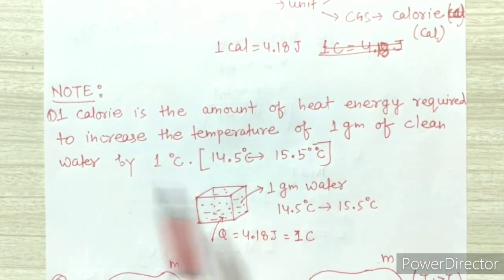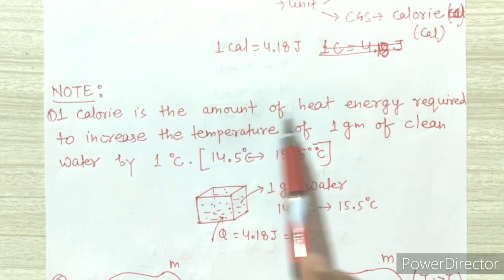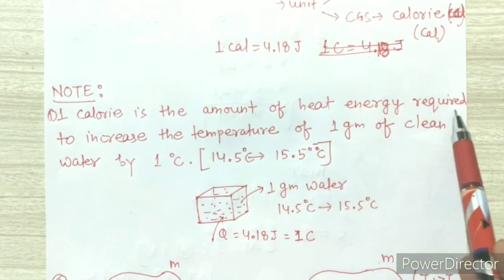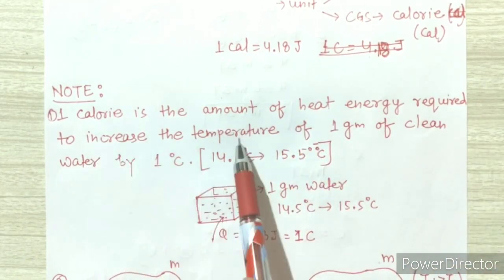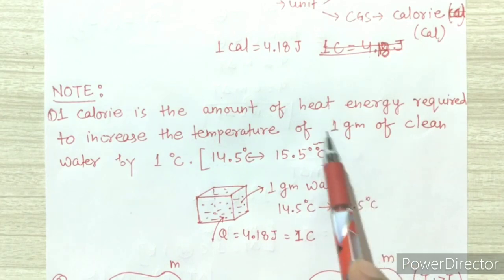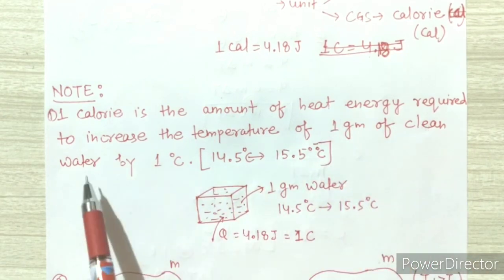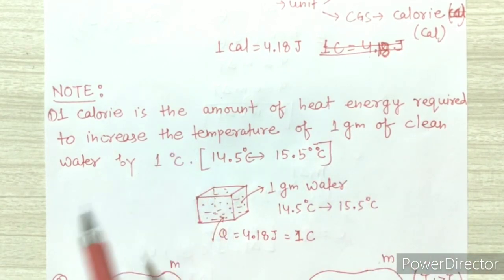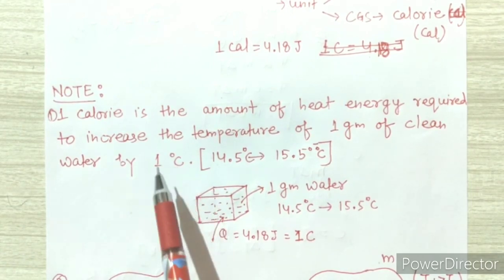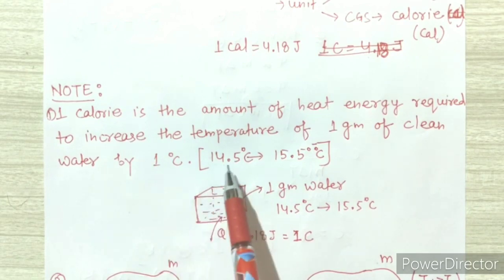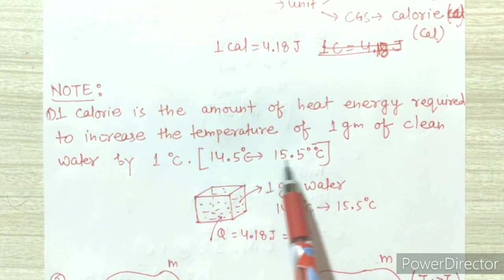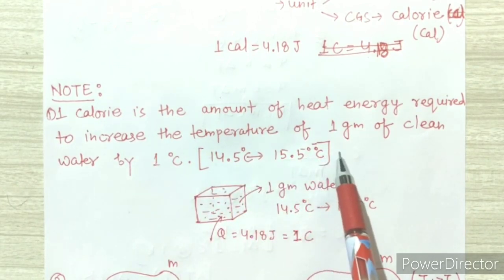So 1 calorie is the amount of heat energy required to increase the temperature of 1 gram of clean water by 1 degree Celsius. In standard books, they take this 1 degree change from 14.5 degrees Celsius to 15.5 degrees Celsius.